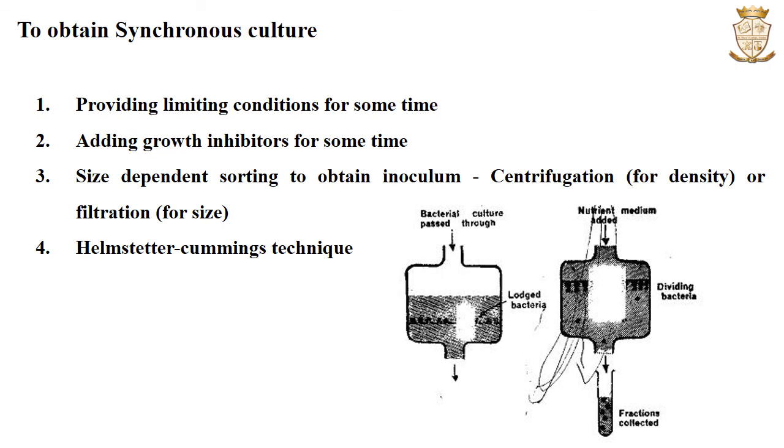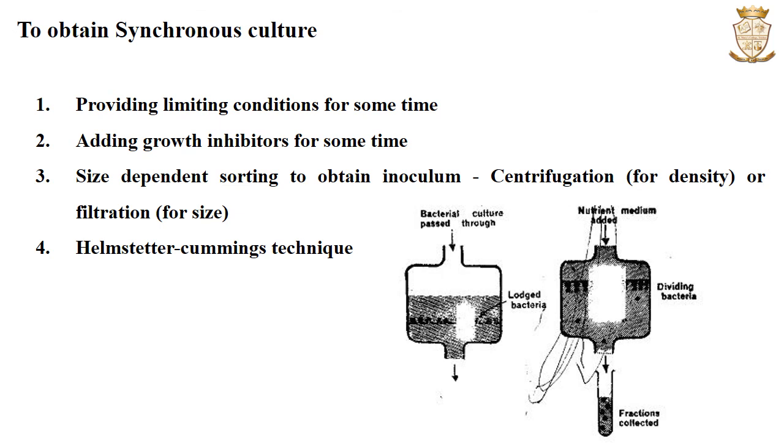Next is the Helmstetter-Cummings technique. This is also a filtration based technique. Here, a bacterial culture is filtered through a membrane. During this filtration, the majority of the bacteria will pass through the membrane, but some will remain bound onto the filter membrane.